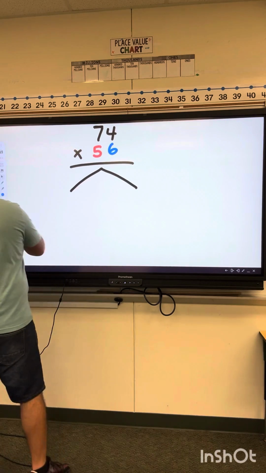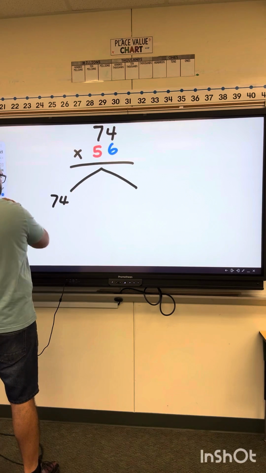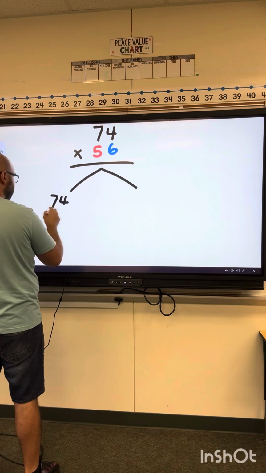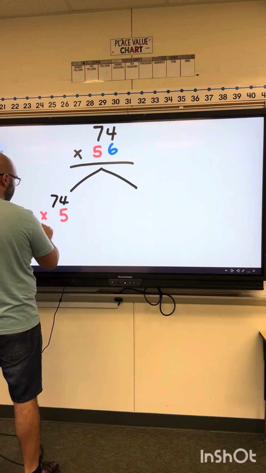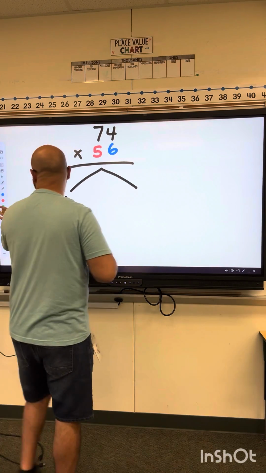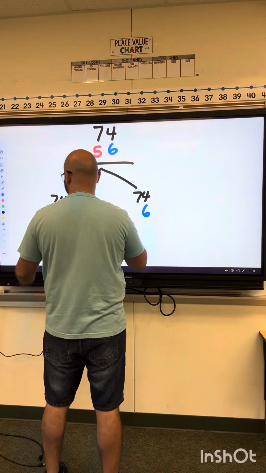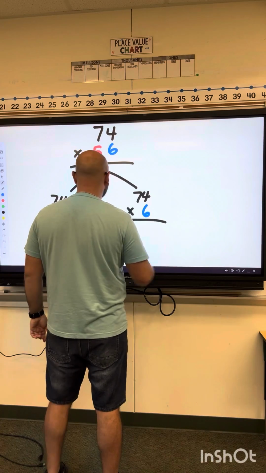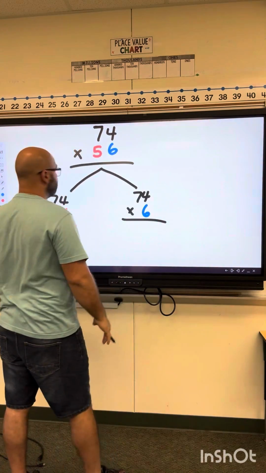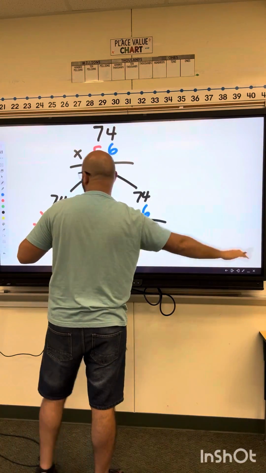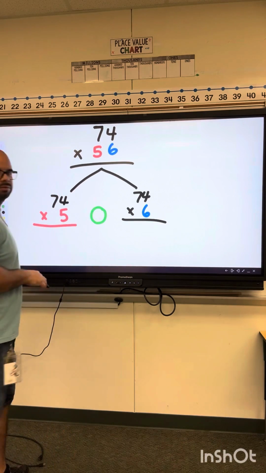So I'm gonna rewrite this problem, 74 times 5 on this side, then we have 74 times 6. So we kind of broke it apart. We took the 5 on this side, we took the 6 on this side, and then we have to put in a big 0 in the middle.